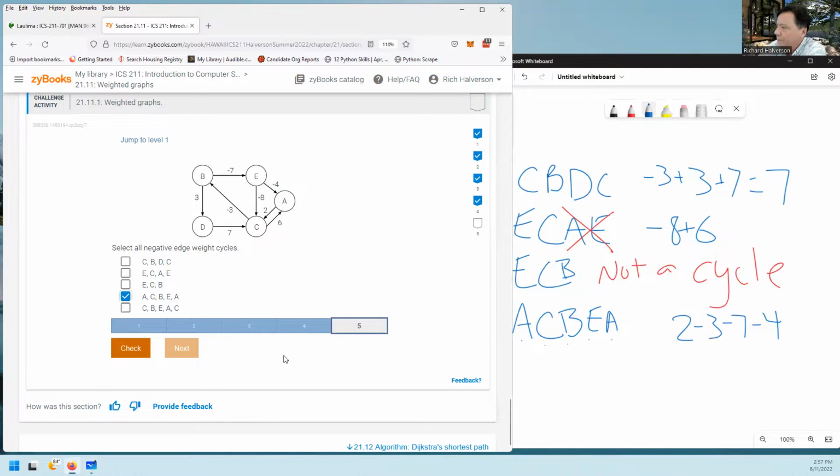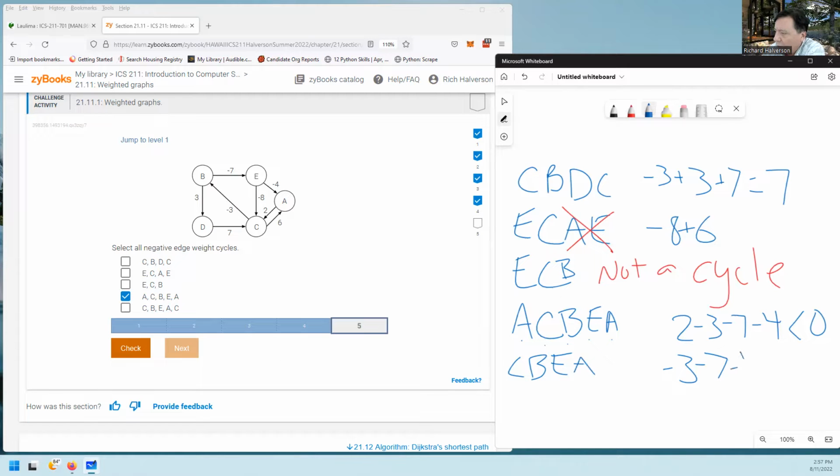How about, it's going to be less than 0. How about C to B is -3, and then B to E is -7, and then E to A is -4. This is C, B, E, A, and then back to C again. A to C is 2.